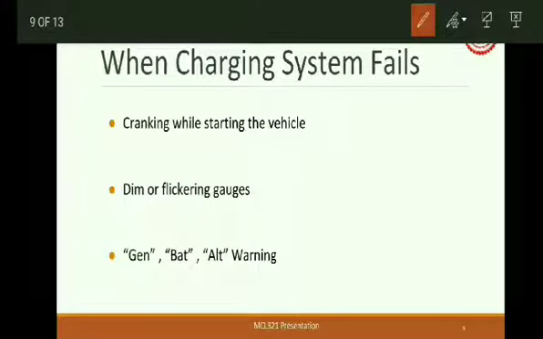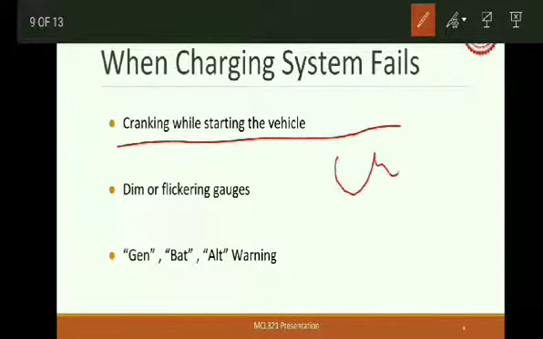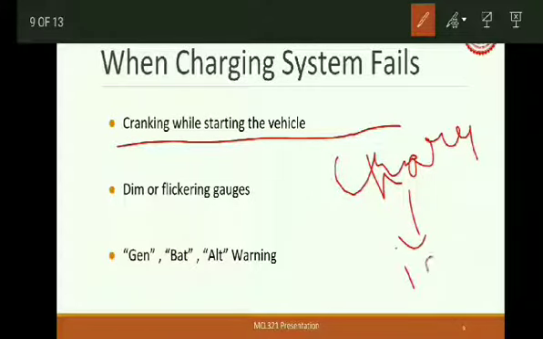Now when the charging system fails, when will the user get to know that the charging system is not working properly? You must have heard that when you start the ignition, there are some issues, the ignition is not starting, and people have to push from the back. It is because the charging system is not working, because the charging system is responsible for ignition.